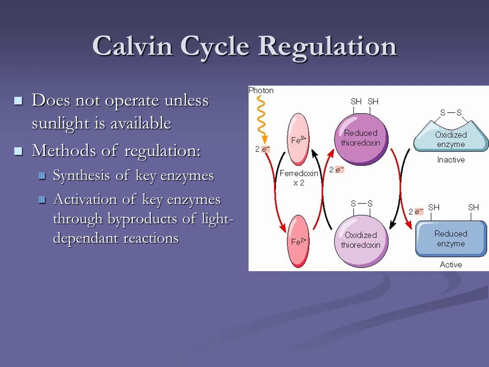If you have some of these light-dependent byproducts around, these are going to be activators of those enzymes. So some of the products of the light-dependent reaction, some of those intermediate steps, we can say they are allosteric activators of the enzymes in the light-independent reactions.